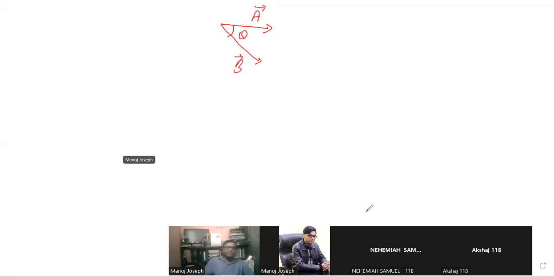So their cross product is very simple. It is also called the vector product because the output is a vector, whereas in the previous case the output was a scalar.